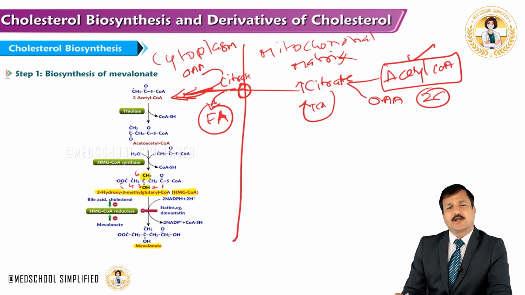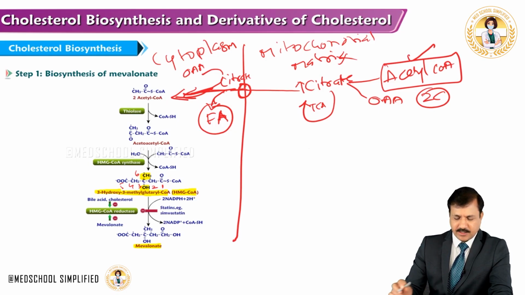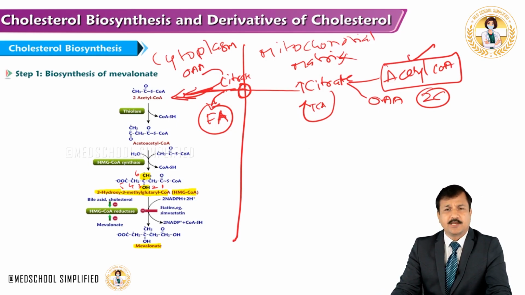Okay, so in order to reduce HMG-CoA into mevalonate, there is a requirement of two NADPH plus 2H plus molecules. And how do you get NADPH plus H plus? The predominant source of NADPH H plus is the oxidative phase of the pentose phosphate pathway.